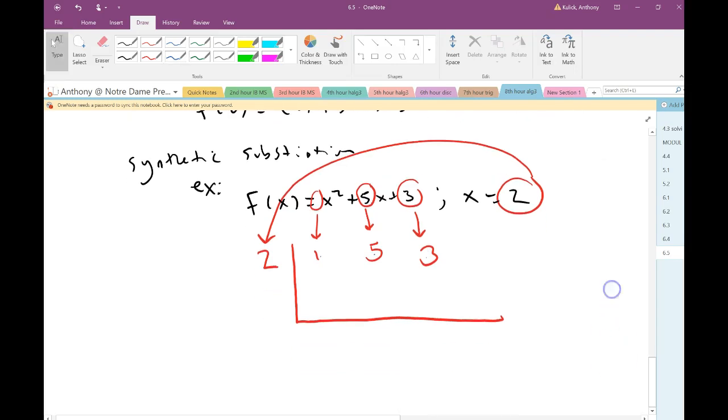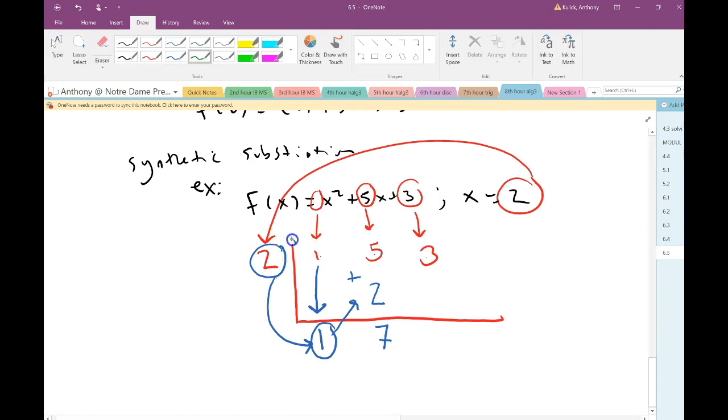So to begin my synthetic substitution, I'm going to start by taking this first number on the inside and bringing it down. And then I'm going to take the number on the outside, multiply it to the number underneath, and then write the answer above, and then we'll add down. So 5 plus 2 is 7.